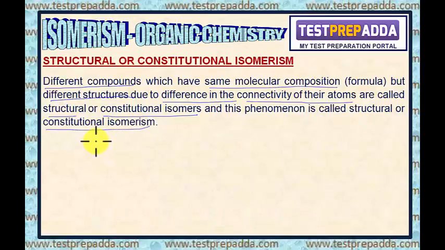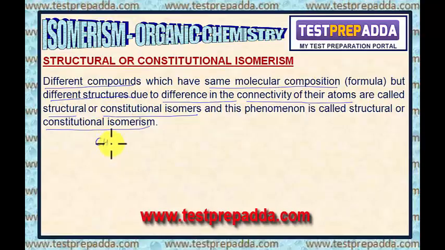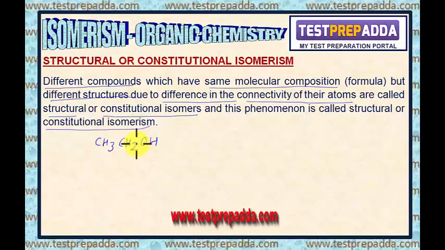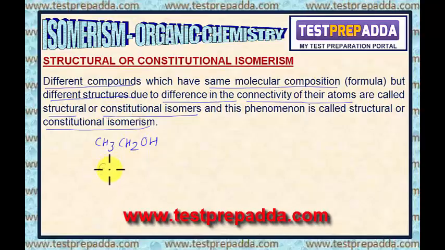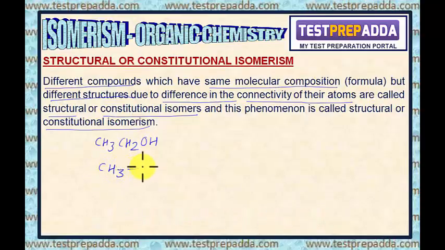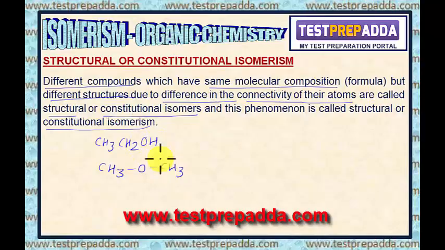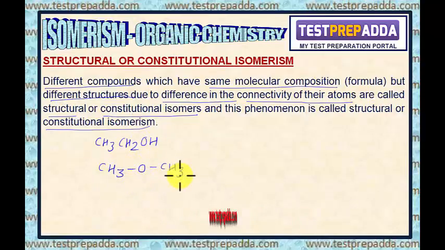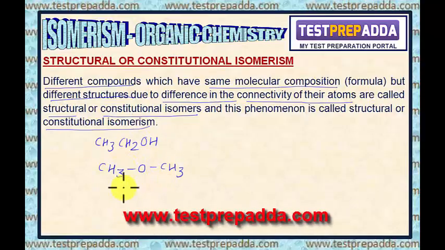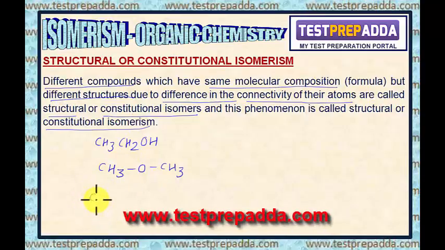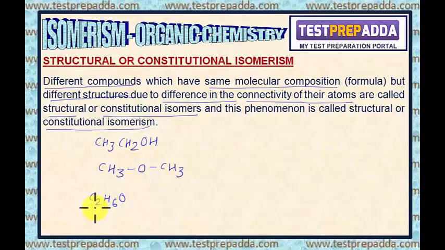For example, if I take CH3 CH2 OH, and another example CH3 O CH3. This is an alcohol, ethyl alcohol, and this is an ether, dimethyl ether. You can see the molecular composition of these two compounds is C2H6O.